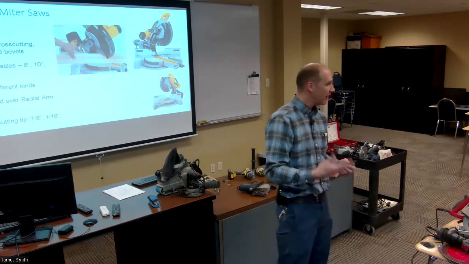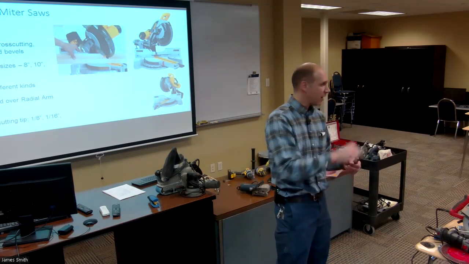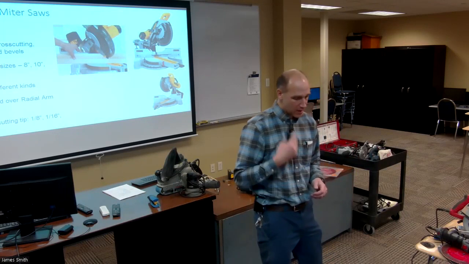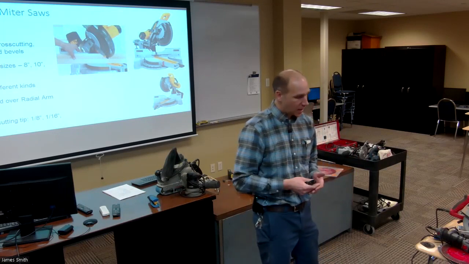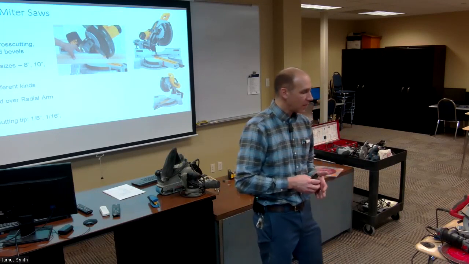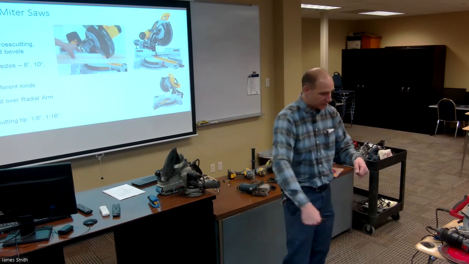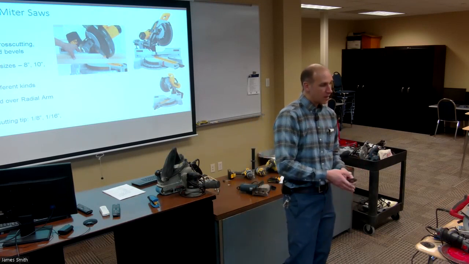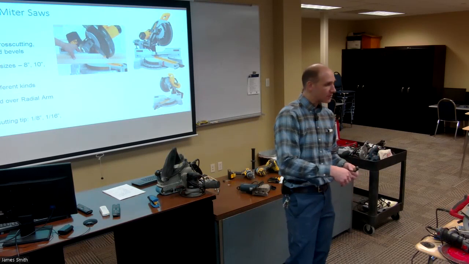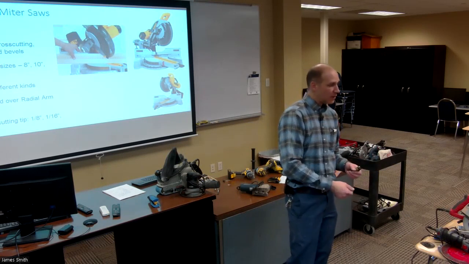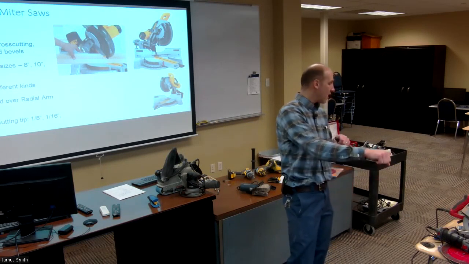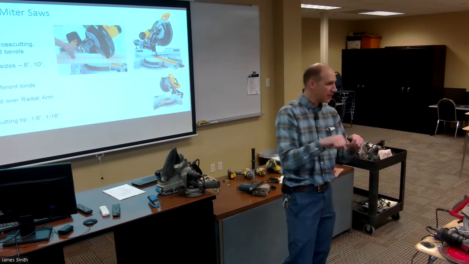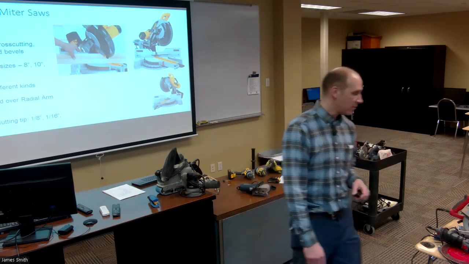Those you generally find in the metalworking area where you're chopping off rebar and things like that. You've also got what you call a miter saw, which means you've got the option to swivel the table. And then you have your compound miter saw, which means you can bevel it and swivel the table. And then you also have the sliding option. And the sliding option is where you start to pay the big money.